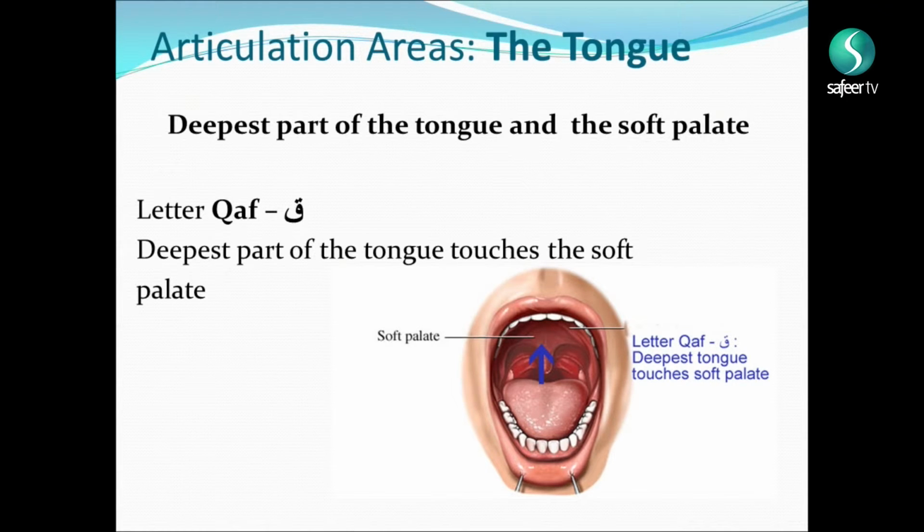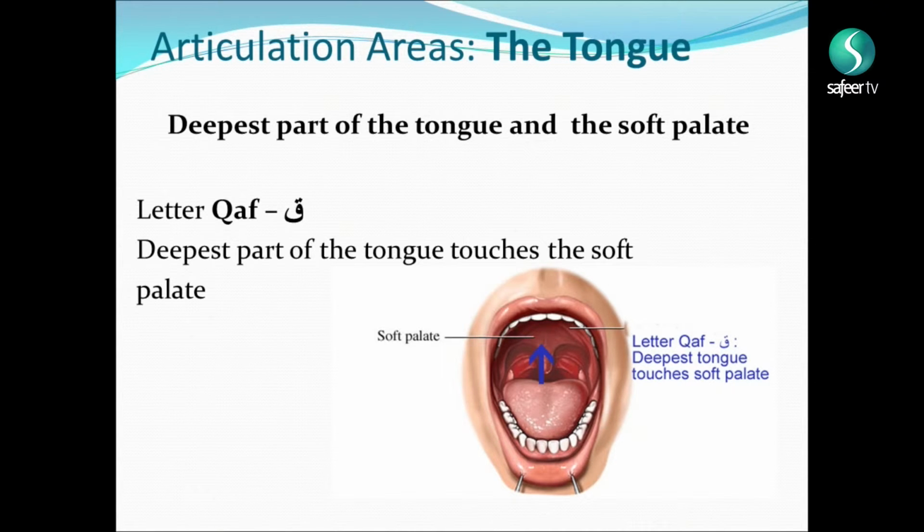For example, in Pakistan and India, instead of saying aq, they say ak. They pronounce it as the letter kaf. And instead of saying qutila, they will say kutila. So that is the common mistake we can find for this letter, specifically in some parts of these countries I mentioned.